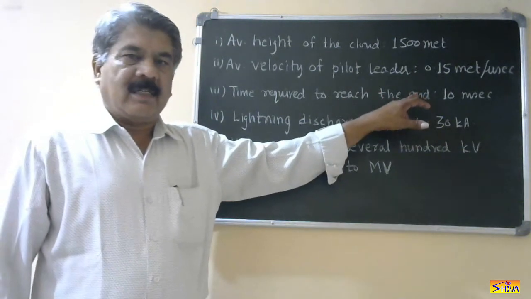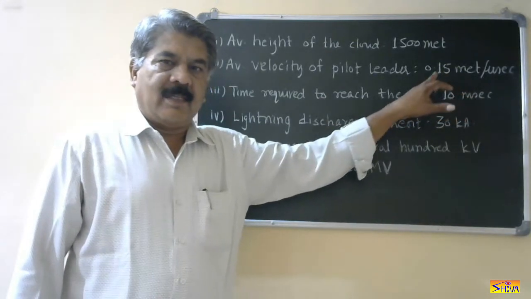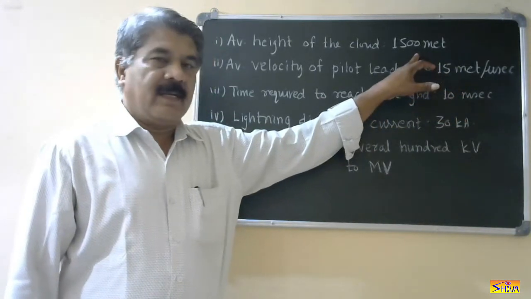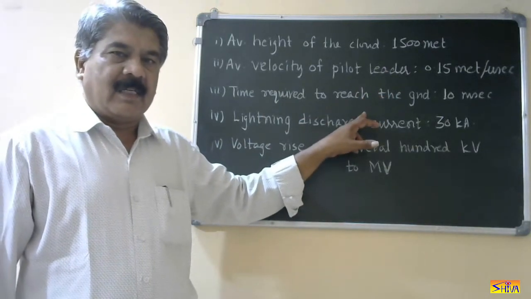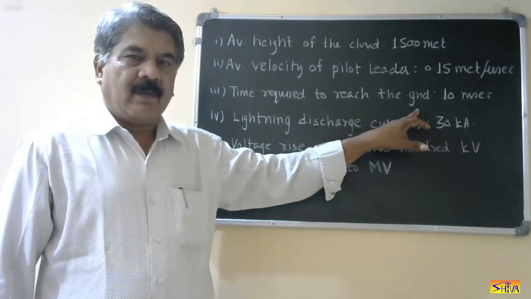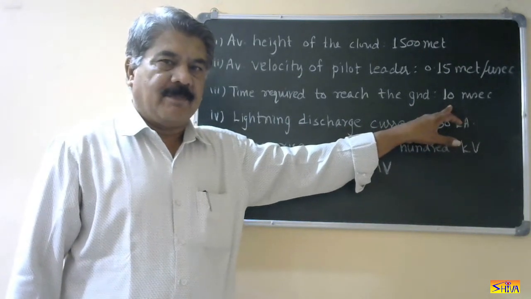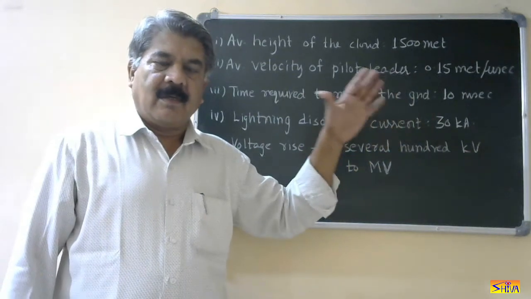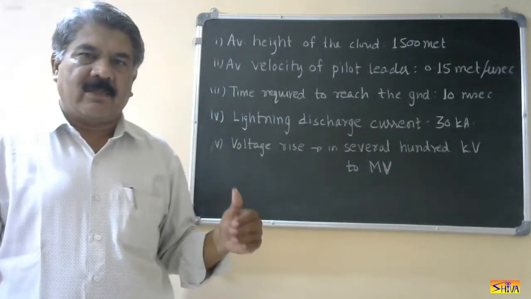Average velocity is 0.15 meters per second. So with this average velocity and the height, we can find out the time required by this pilot leader to reach the ground, and that comes out to 10 milliseconds. So in 10 milliseconds, on average, the cloud discharges to the ground.